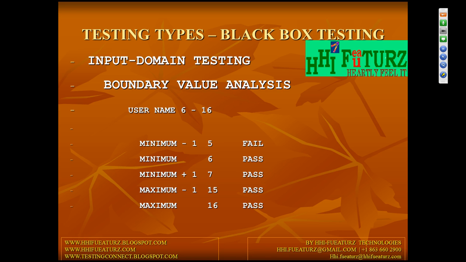Maximum 16 should accept. That means pass. Maximum +1, 17, should not accept. Fail. So like this, 6 possible combinations of data you will take, pass and validate. That is nothing but your boundary value analysis.